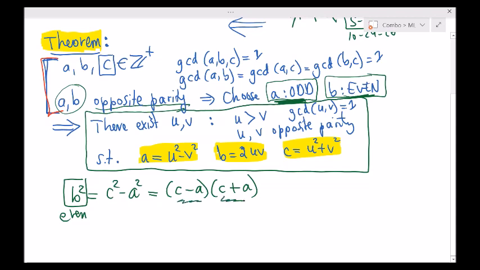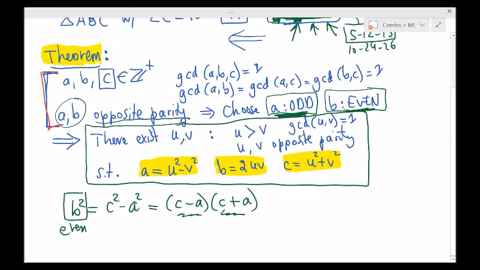What are the common terms of c minus a and c plus a? So far what we know is a is odd, b is even, and c is odd, right? Why? Because a squared plus b squared is equal to c squared. a is odd, meaning a squared is odd. b is even, meaning b squared is even.